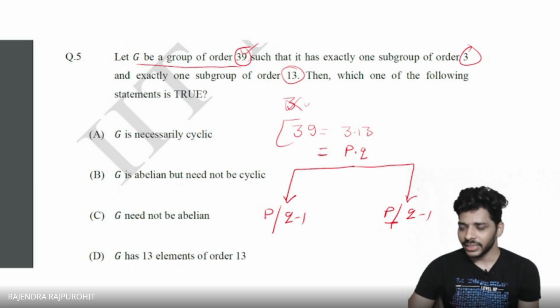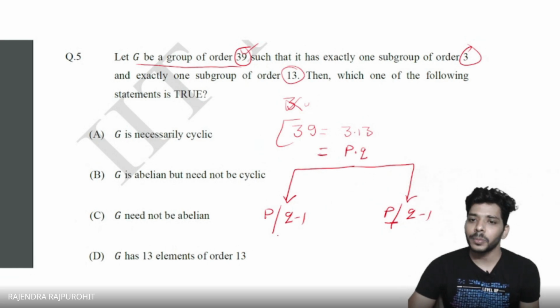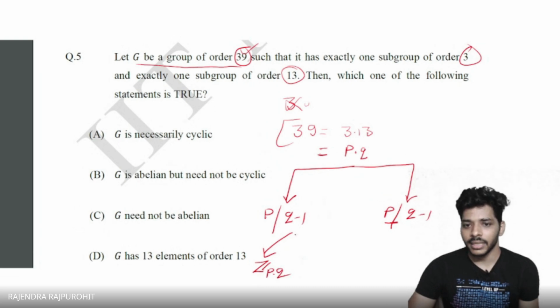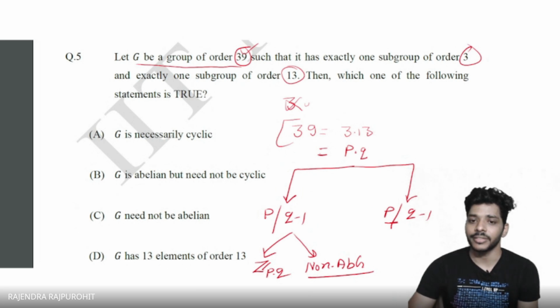If p divides q minus 1, then the group can be the cyclic group Z_pq, or it can be a non-abelian group.